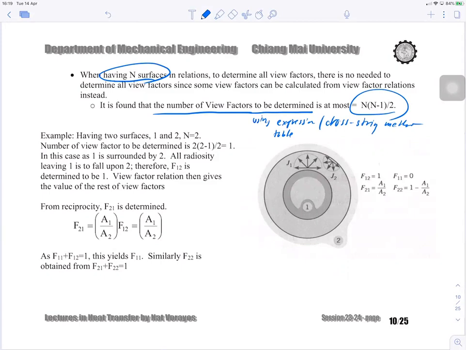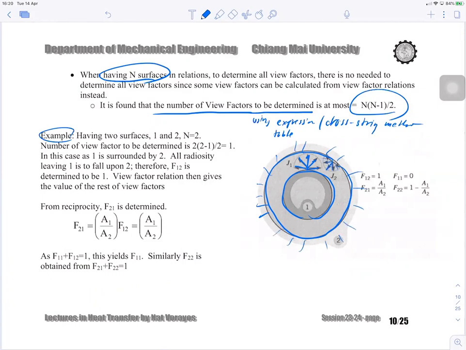I'll give you an example. This is an example where you have two surfaces. Surface 1, which radiates the heat out, and surface 2. Surface 2 is facing surface 1, and it also has radiation out.